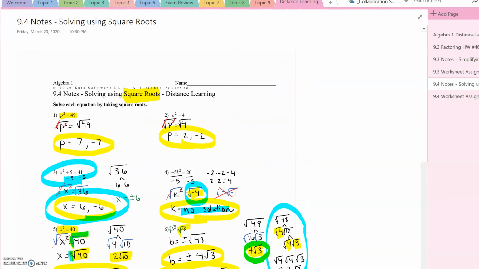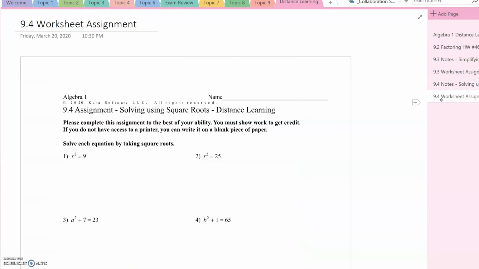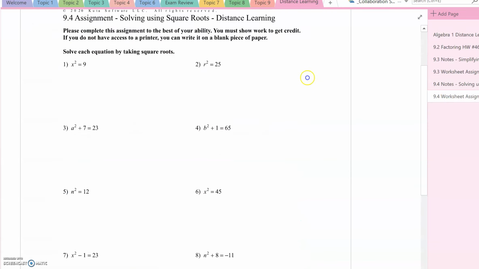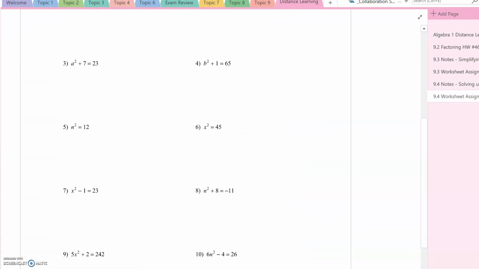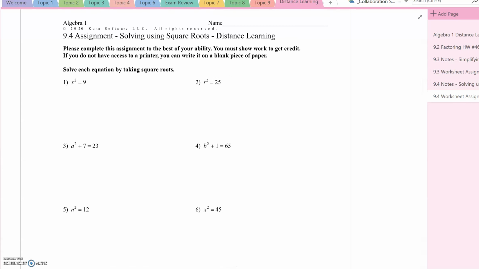Your assignments for this section, if you look on Schoology, you'll see that just like in 9.3, you have another worksheet to do. Now keep in mind the directions literally say you must show work to get credit. Remember how I mentioned at the beginning of the first video? Some of you did not show work, so you have not earned credit yet until you show work for all of your problems. So please work on this 9.4 assignment now, solving using square roots.